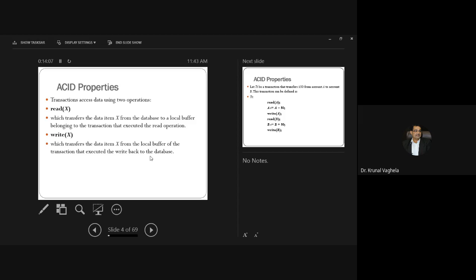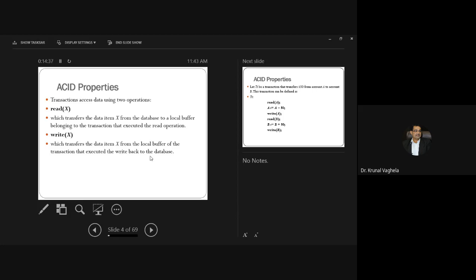So when you perform read X, it accesses the value from the database and stores it inside the buffer in primary memory. And what is write? It's the reverse. Write transfers the data item X from the local buffer back to the database.